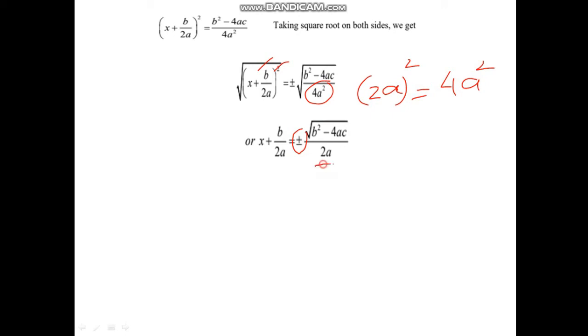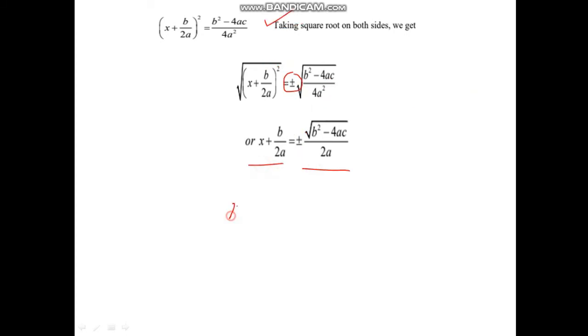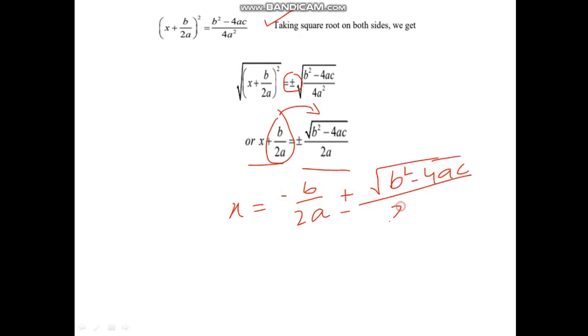Square is cancelled with under root. So here you can see that x is equal to, when this b by 2a shifts from left to right, it changes its sign, minus b by 2a plus minus under root b square minus 4ac by 2a.